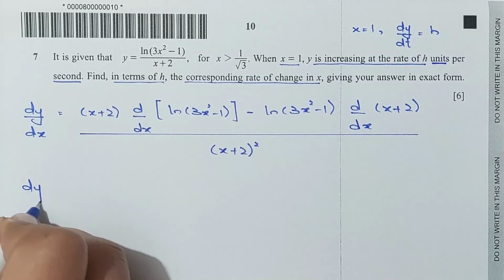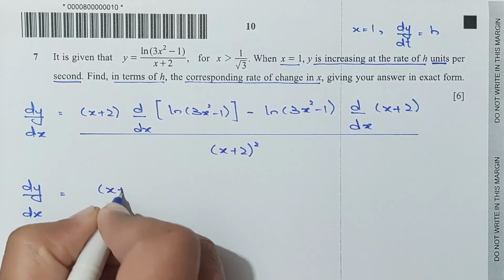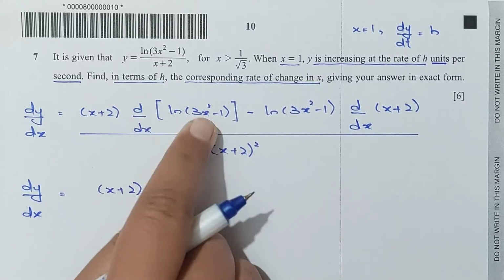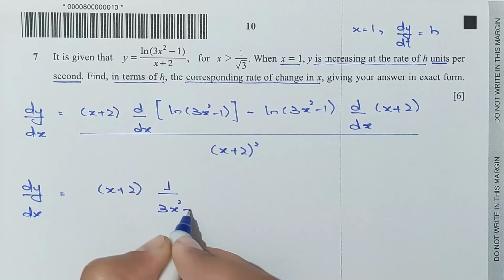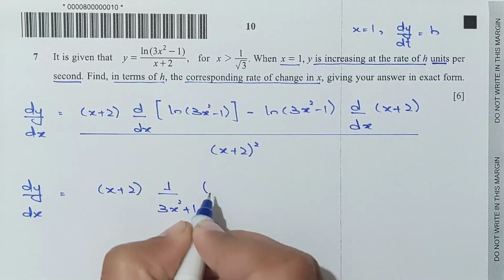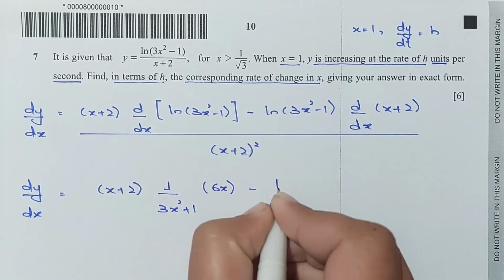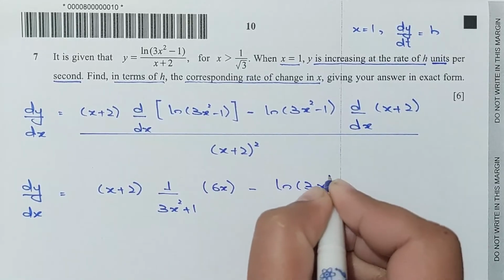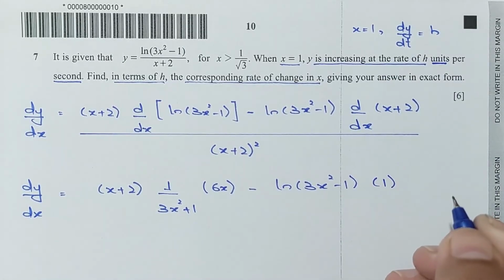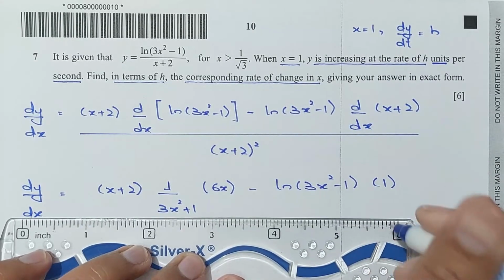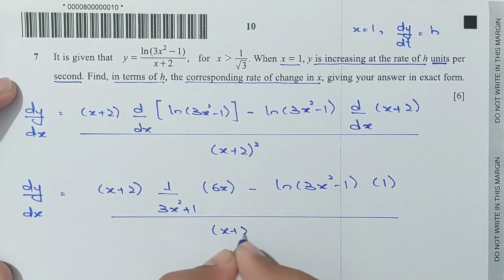Further simplification: x plus 2 is as it is. Derivative of ln is 1 over 3x square plus 1 and the derivative is 2 times 3, which would be 6x, minus this term is as it is, its derivative is just 1, and in the denominator we have x plus 2 whole square.